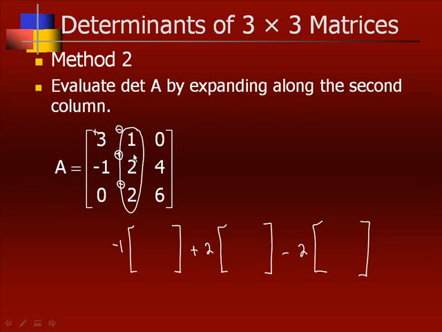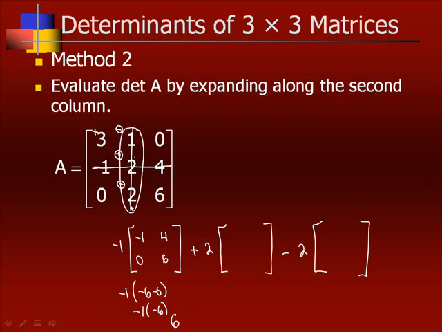So if we're expanding along this second column, we're going to mark out the row and the column that contained 1. So we get negative 1, 0, 4, 6, which would give us negative 6 minus 0. So negative 1 times negative 6, which is 6. Then we're going to expand on this 2.